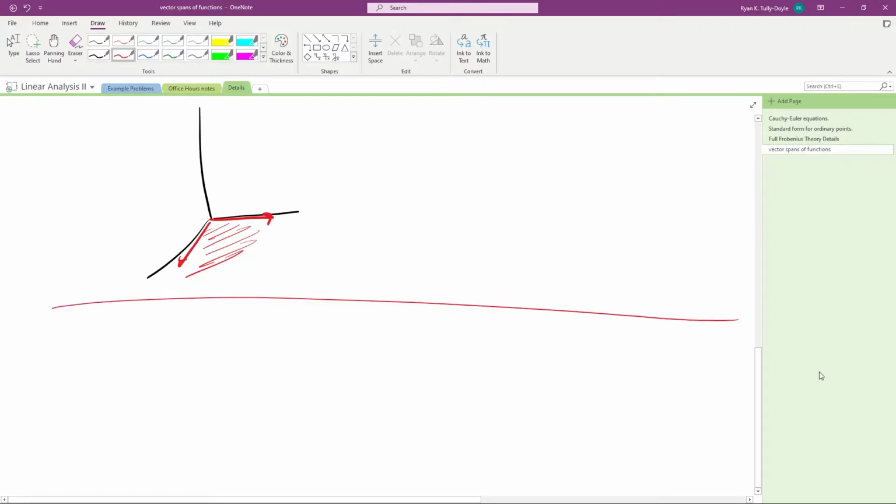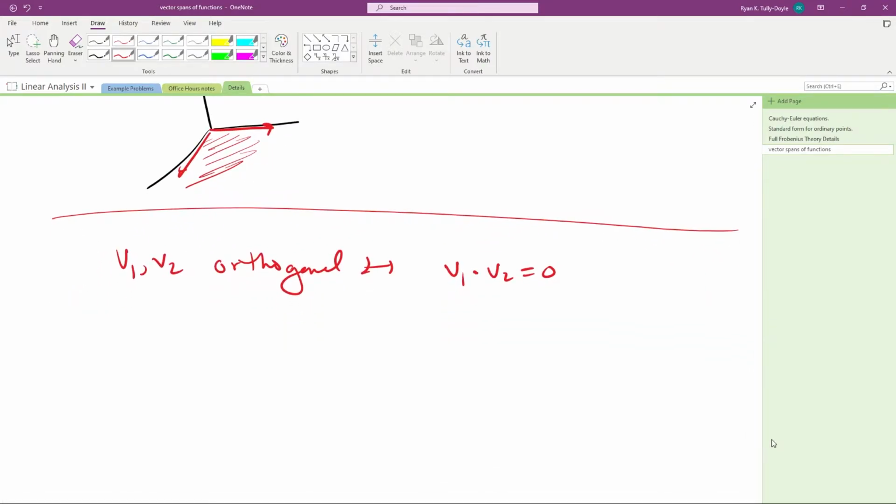Now, if the vectors I'm given are orthogonal to each other, so say that I've got v1 and v2 that are orthogonal, and what I mean by orthogonal is that v1 dot v2 is 0, then I can form a closed linear subspace, just the same as before, but with an extra property.